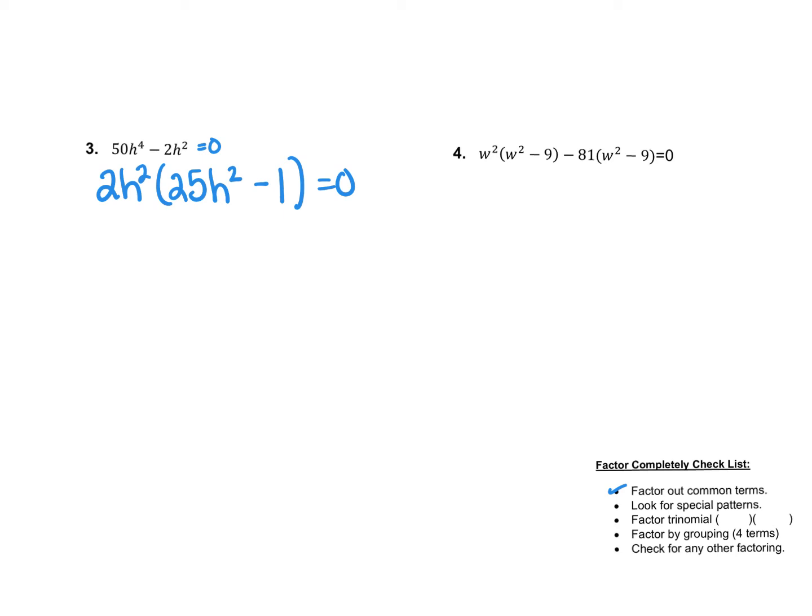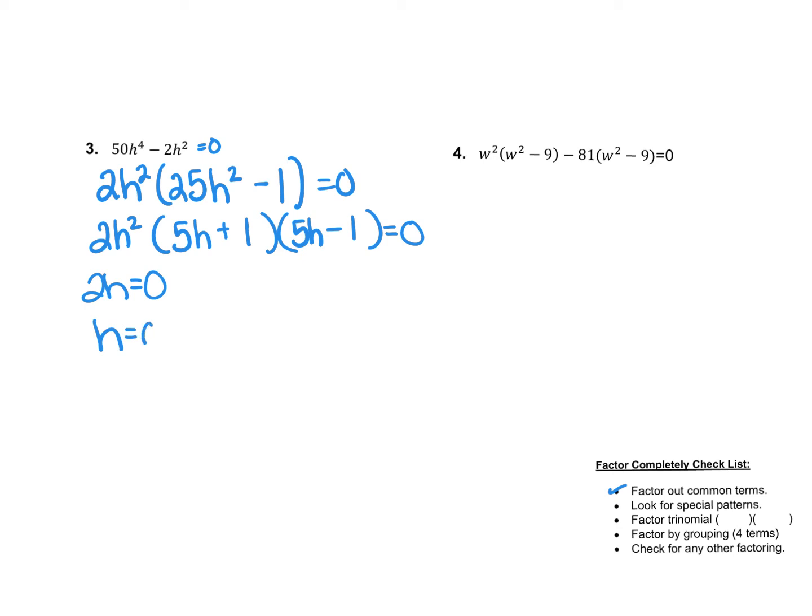All right, so I'm going to have my 2h squared, and then I know that I have 5h and a 5h to make up that 5h squared, and then the square root of 1 is 1. And remember that we were able to cancel out those middle terms by having 1 be a plus and 1 be a minus.